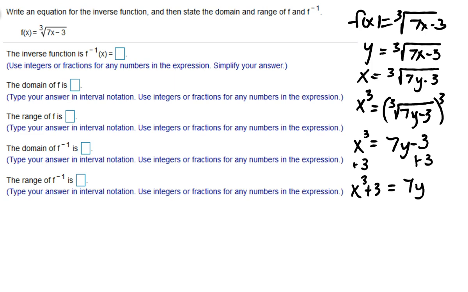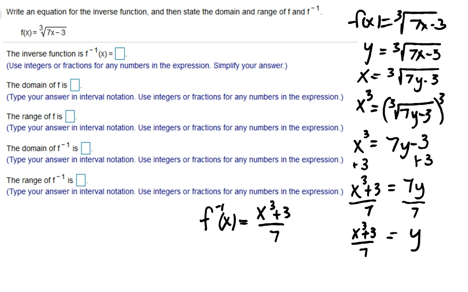We're still trying to get y by itself, so we're going to divide both sides by 7, and that gives me y equals x cubed plus 3 over 7. And now that we've gotten y by itself on one side, we have the inverse function. So I'm going to write that as f inverse of x is x cubed plus 3 over 7. So we found the inverse function.